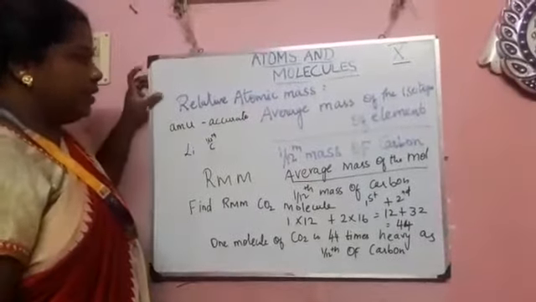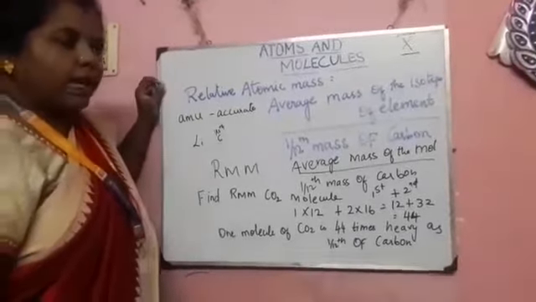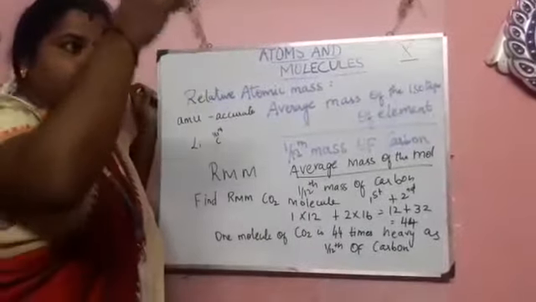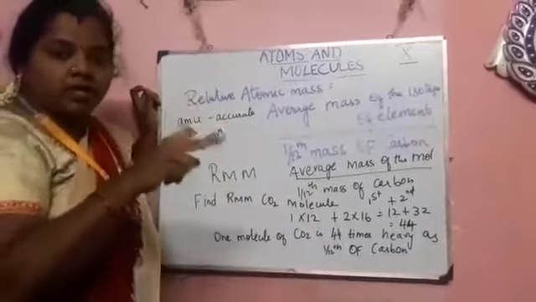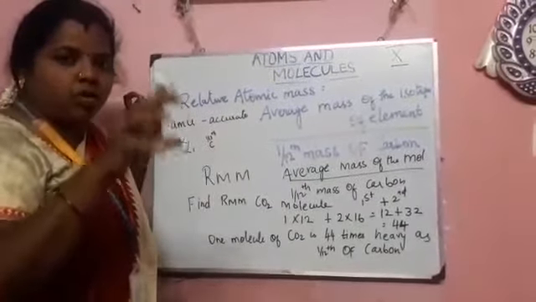And next we see the relative atomic mass. For example, if we take a balance, we have two sides of the balance. One should be a standard one, like a stone of 1 kg or 2 kg or 50 grams.